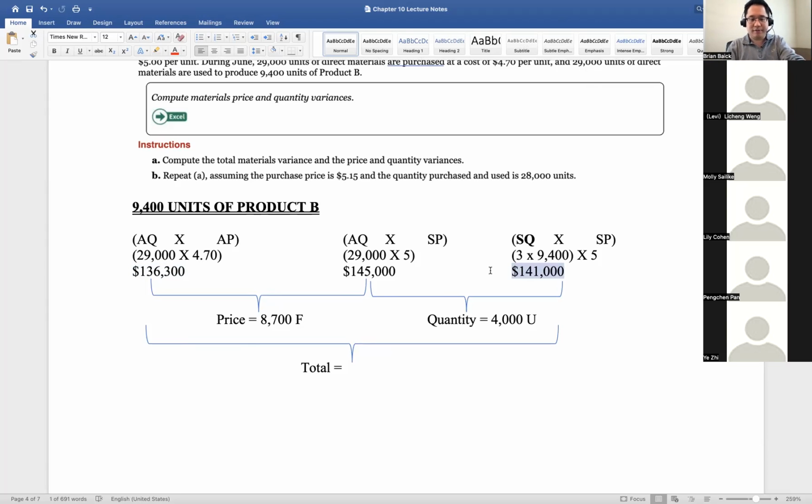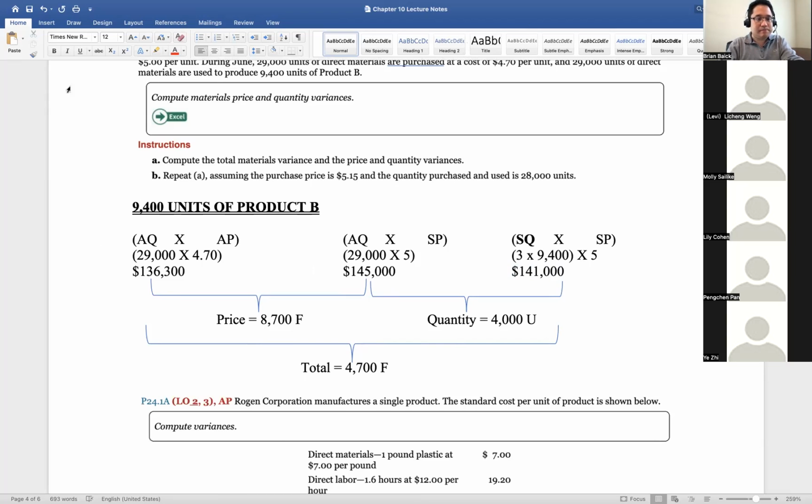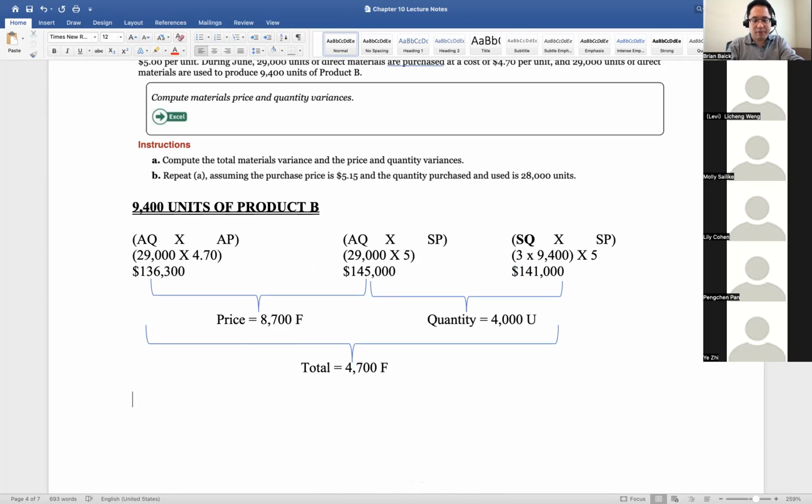That's 4,700. Okay. And it's a negative number. Negative means less cost, favorable, right? Remember. Good. Okay. So remember, positive is unfavorable because it's more cost. And then negative is favorable because it means less cost.